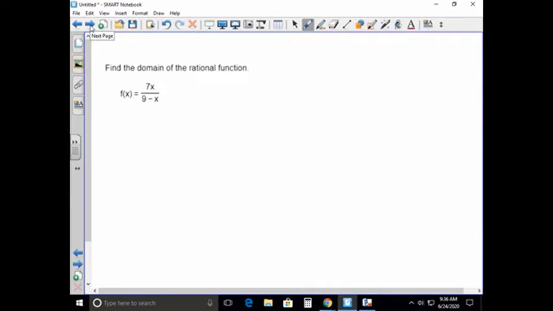Well, not every one of them. What is something that causes us problems? There are certain operations in math that we can't do. And the main one we're going to look at right now involving a fraction is if we ever have a 0 on bottom. Dividing by 0 is undefined.